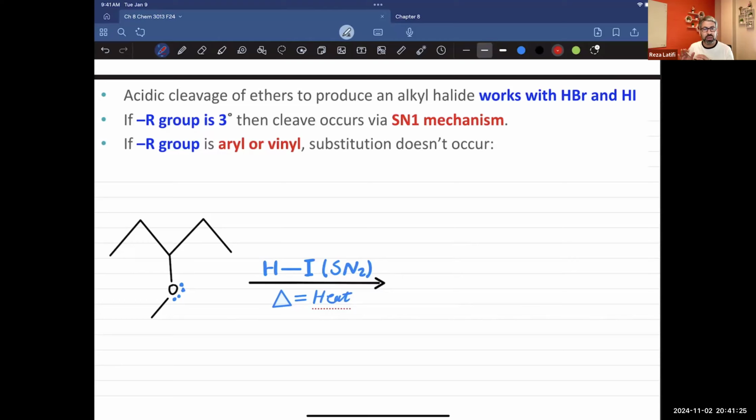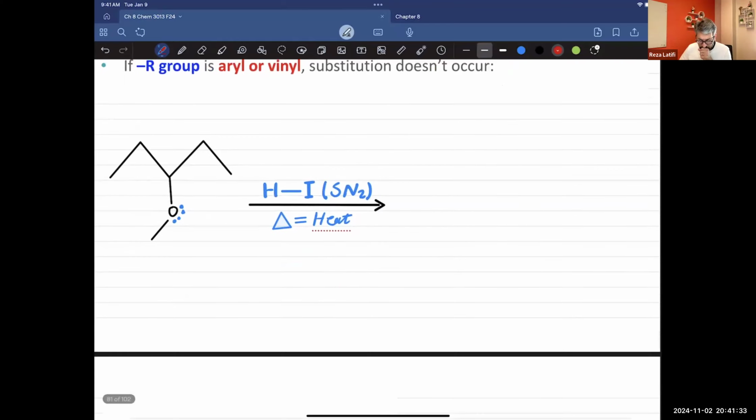In that case, the SN2 reaction will not happen, and the reaction prefers to go through different mechanisms. So for example, in this case, I have a secondary carbon attached to oxygen, and this side I have CH3.